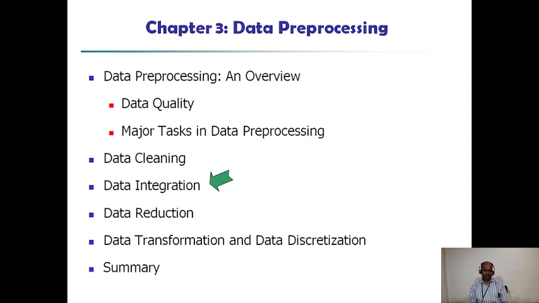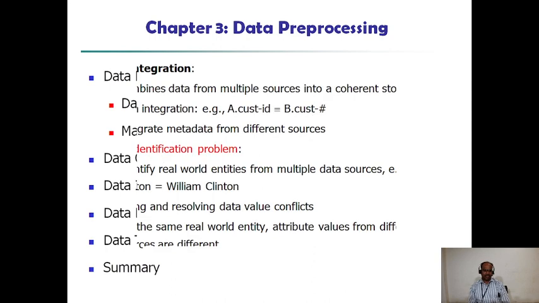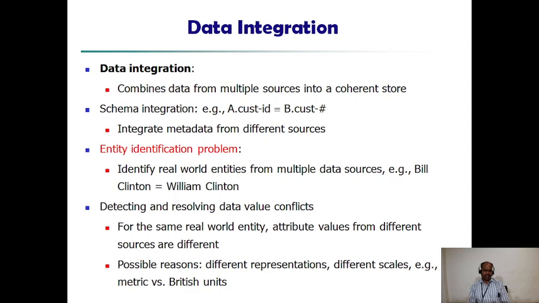So after cleaning the data we have to integrate the data. Data integration means combining data from multiple sources. So for example, take a.customer_id equals b.customer#. In one database the customer id attribute is like this, in another database the customer id attribute is like this.